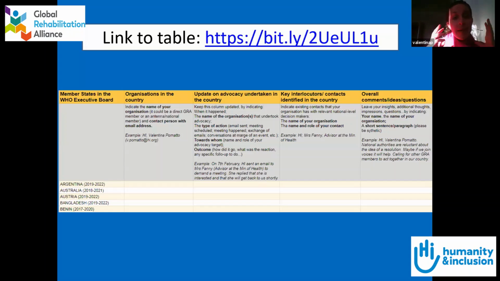Someone else, CBM in the same country, could put another contact person, a governmental official they knew previously, etc. And the last column is really for you to leave open comments, ideas, questions, and from our side, from the GRA Secretariat and myself, it's also a column that we will really look at to come back, maybe if there are any pressing things to be further discussed.